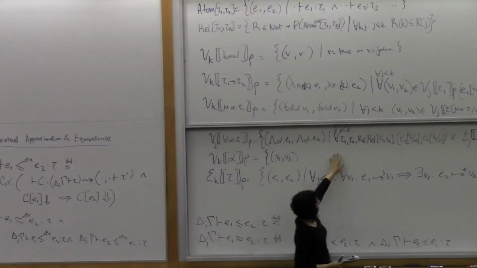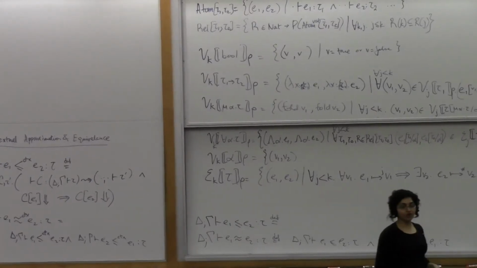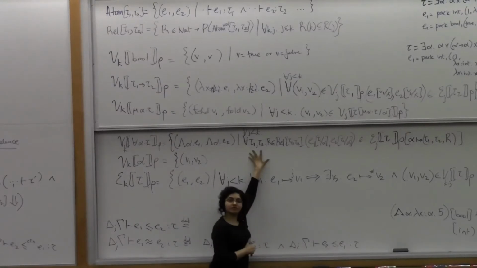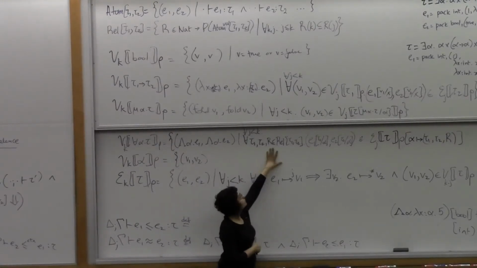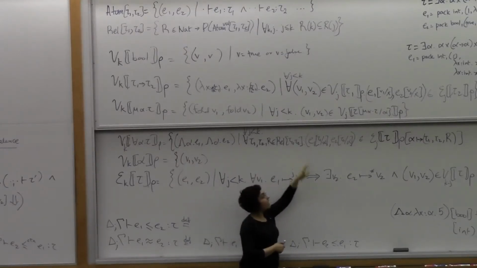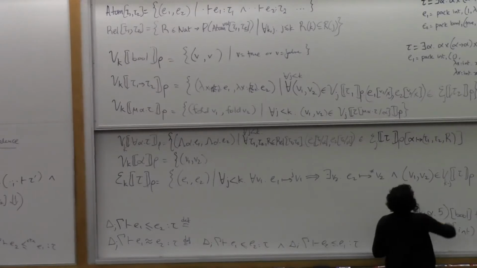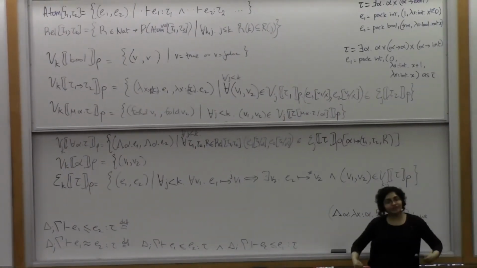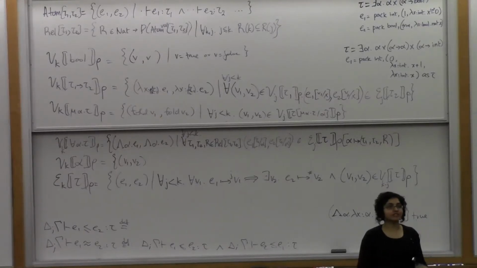Now what we've done in our interpretation of for all types is we have picked two arbitrary types for the two sides, and we are letting anyone pick a relation R that relates values of type tau 1 and tau 2. And from then on, we are going to keep track of that relation R. And you know how logical relations say, if you give me related inputs, I will give you related outputs?